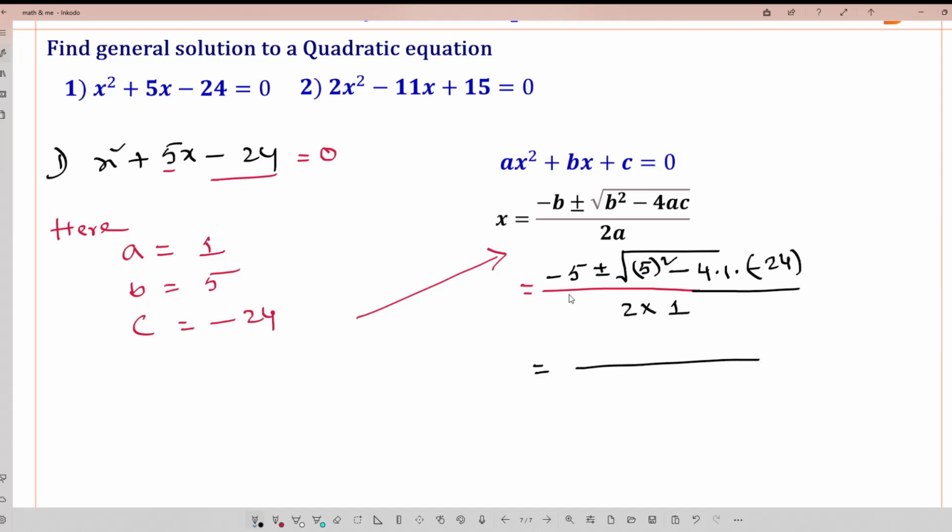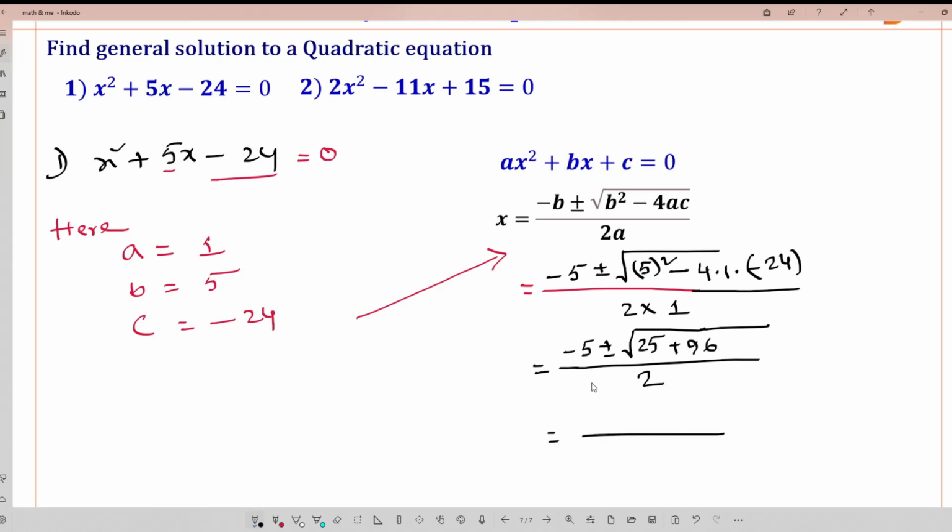So what will be the answer? Here is minus 5 plus or minus the root of 5 squared, which is 25, minus, here minus minus makes plus, 24 times 4. 4 times 4 is 16, 6 times 4 is 24, 8 and 1 makes 9, divided by 2.